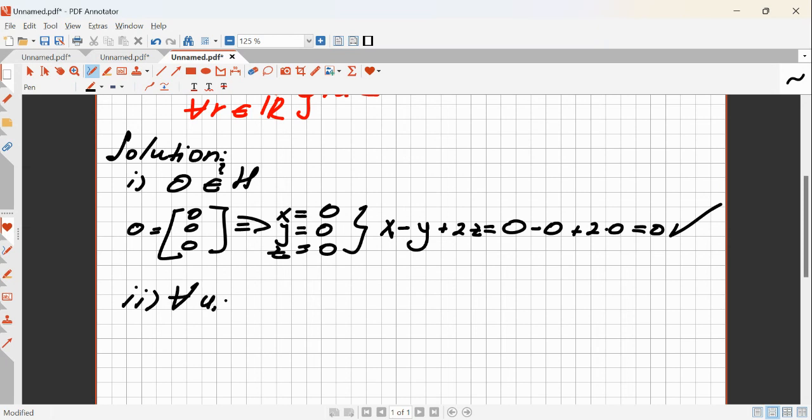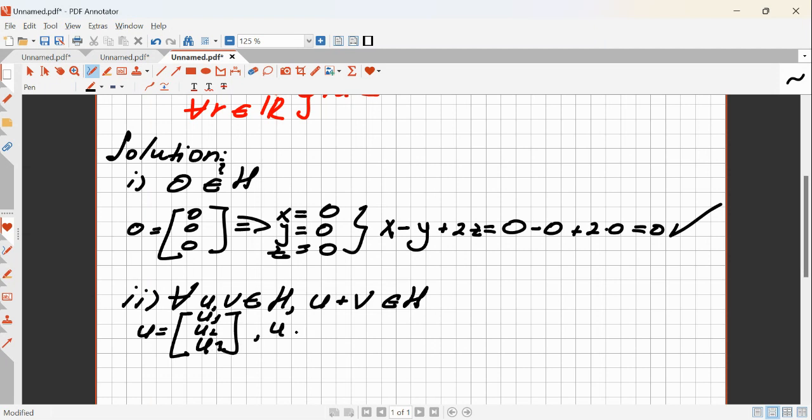The second one, vectors u and v, so the addition of them is also in H space. We have vector u with components u1, u2, u3, and v with v1, v2, v3.